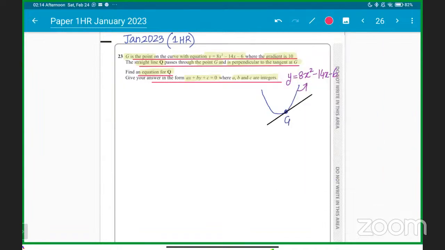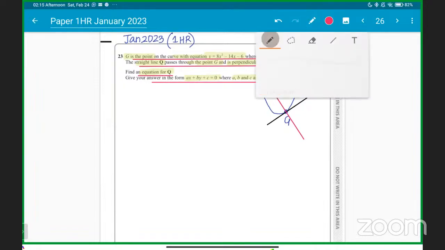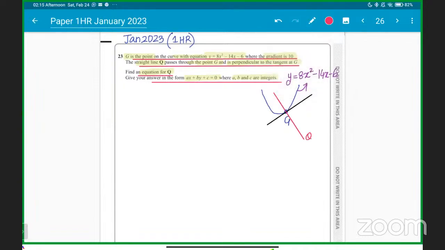Then they are saying the straight line Q is passing through the point G. This is that straight line Q, in the red color. And it is perpendicular to the tangent, which means it is making a 90-degree angle here.